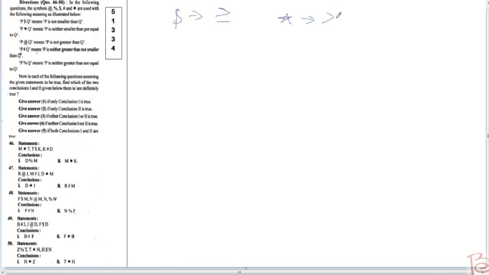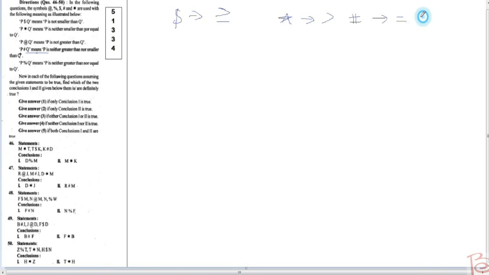The next sign is the number sign, and it says P is neither greater than nor smaller than Q. That means it is not greater and not smaller, so it is equal to. This symbol means equal to.